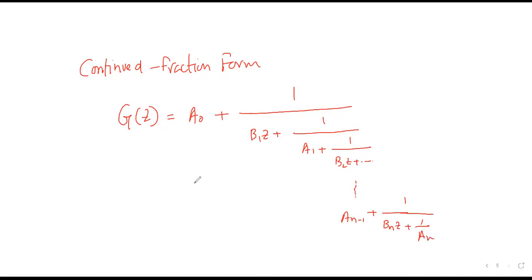So a continued fraction form like this you have to generate from the pulse transfer function that is given to you. Okay, so it seems complicated a bit.